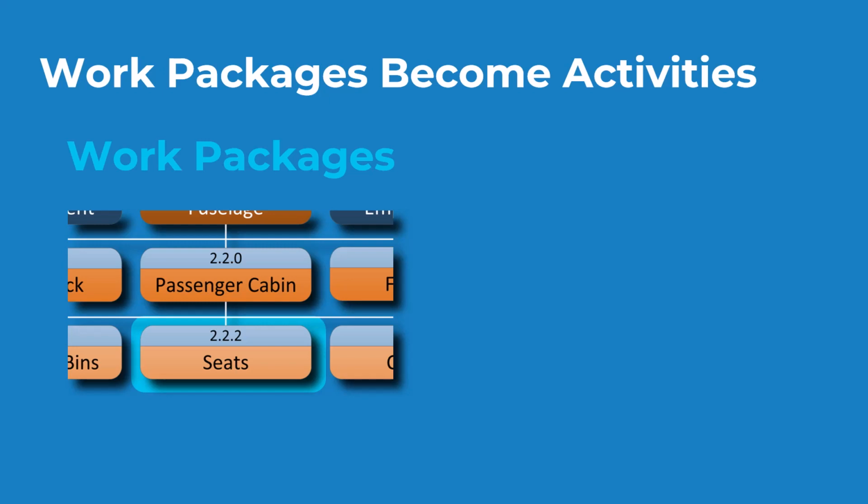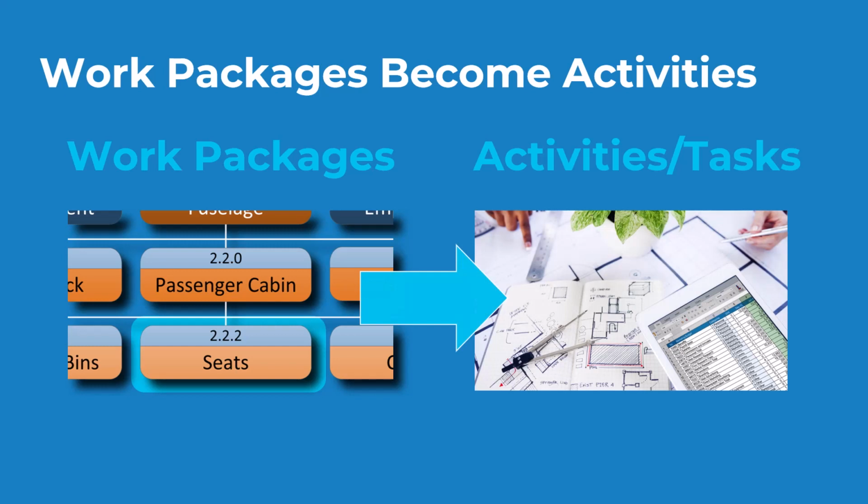And the idea is that once we get going with developing a schedule, we will break down our work packages even further. To be precise, we are going to break them down into activities and tasks. And those tasks are eventually what you see listed in the project schedule.